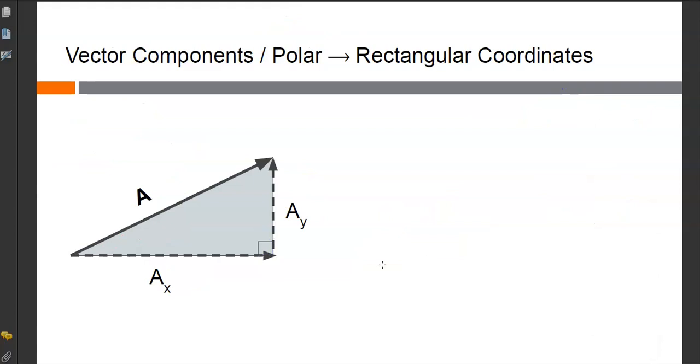Now, sometimes we need to use trigonometry to go one way or the other. If I wanted to walk from right here to right here, I'm walking path A. There's 2 ways to describe how to get from the starting point to the ending point.